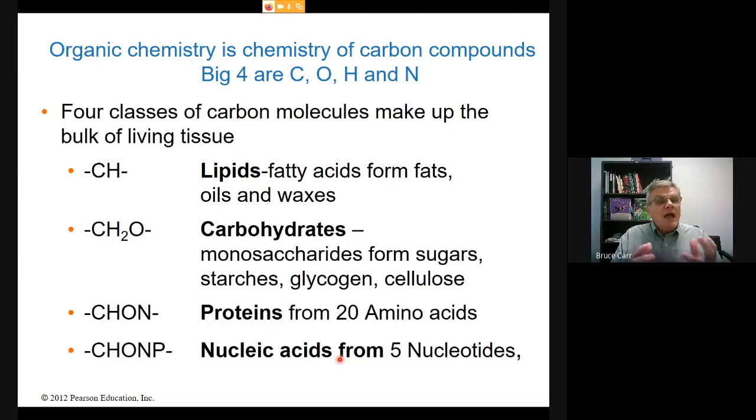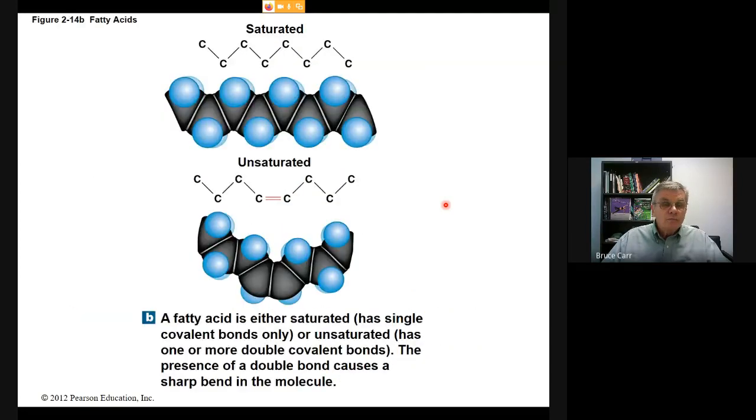When we look at the molecular level, these 4 classes of carbon molecules, lipids, carbohydrates, proteins, and nucleotides, make up over 95% of the biomass of all living things. And so they form a basic structure that's common in living things and important to humans.